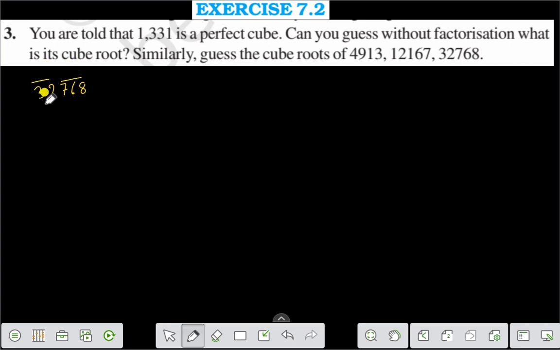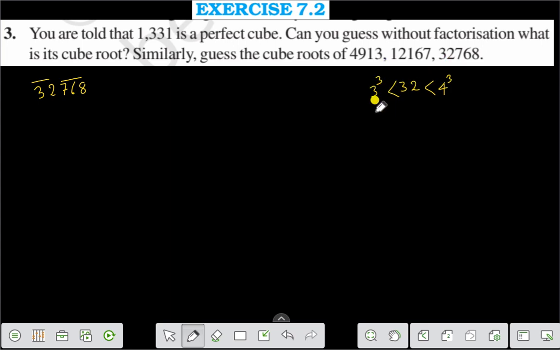First we'll find the tens place. The number is 32, and we know that 32 lies between 3 cube and 4 cube.